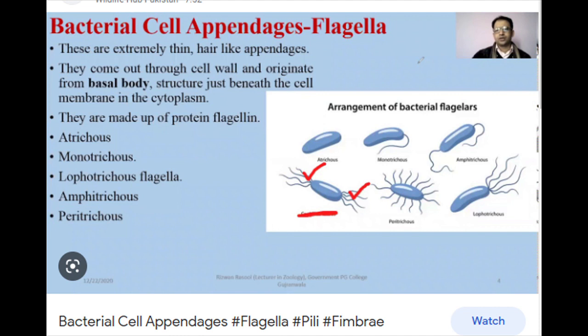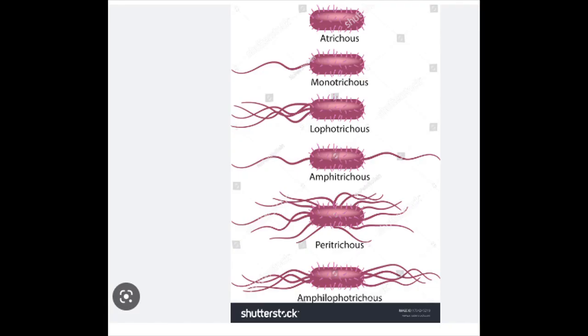They are rigid. Instead, they spin much like the propeller of a boat. The direction of the movement is usually determined by chemotaxis. It is made up of three parts, essentially: the filament, the hook, and the basal body.